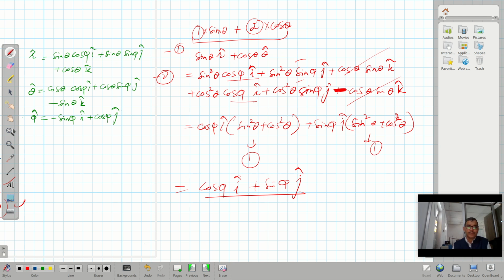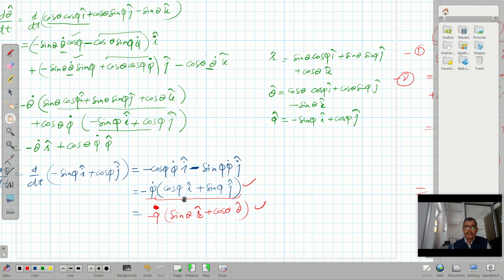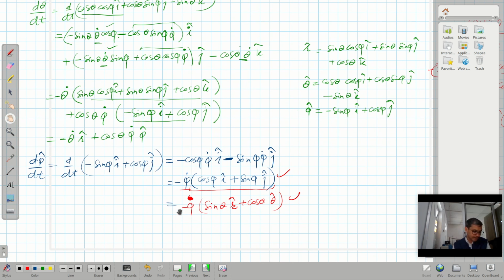So now what should I do? That's what I did here. Therefore d phi cap over dt can be written as minus sin theta phi dot r cap minus cos of theta phi dot theta cap.